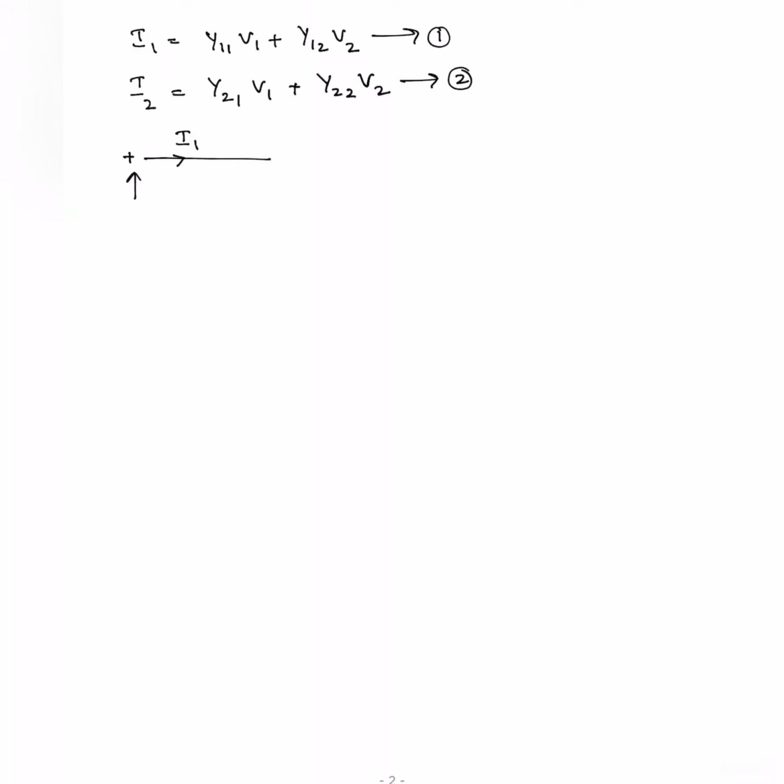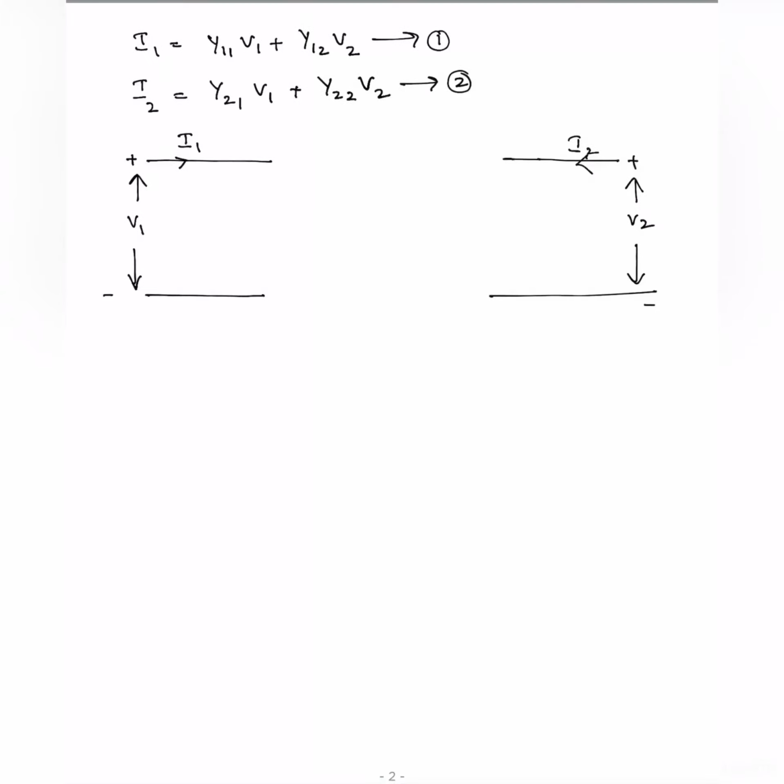This is I1 on the input side, V1 is a voltage, and on the output side you will have I2, and this will be V2, right? So the input side will look like this. You have input voltage V1 here, and output side V2, correct? The current at the input side is I1, and at the output end it is I2.